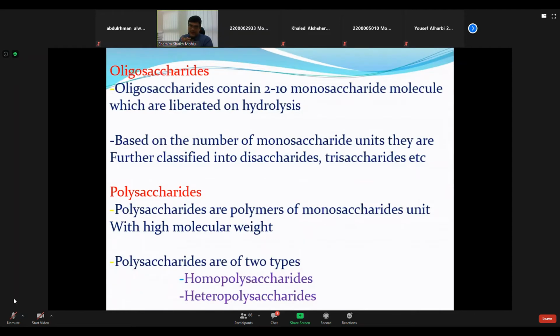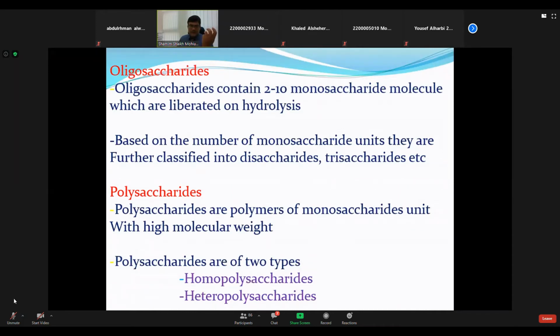Now polysaccharide is of 2 varieties: homopolysaccharide and heteropolysaccharide. What is the meaning of homo? Homo means same. Hetero means different. So here the polysaccharides are made by the same type of monosaccharide, like glucose.